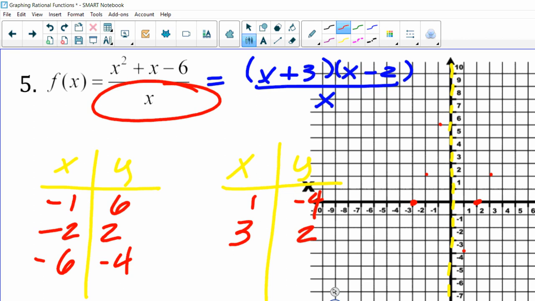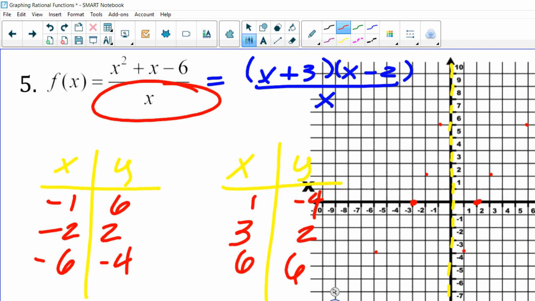So -6, -4. Then let's pick 6 over here. Six. That helps.